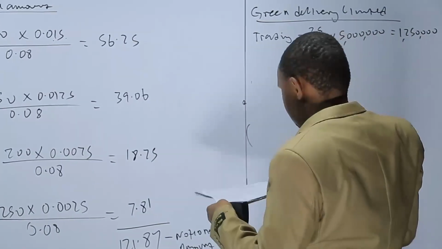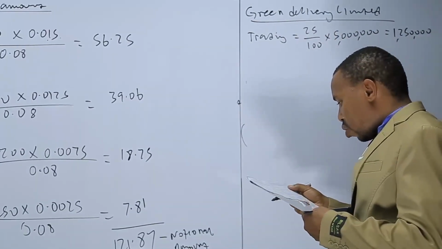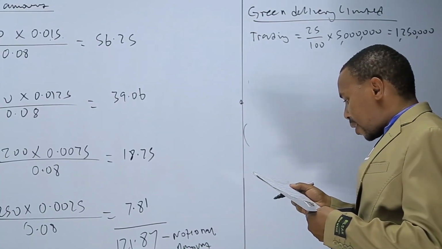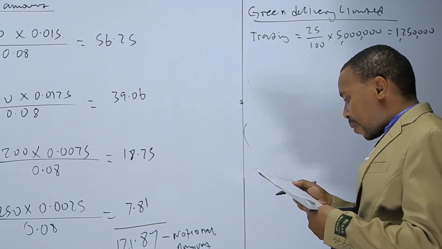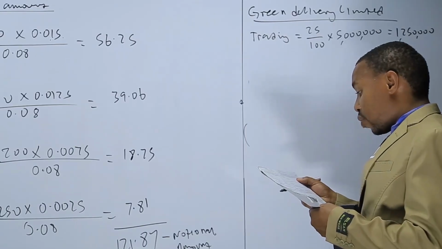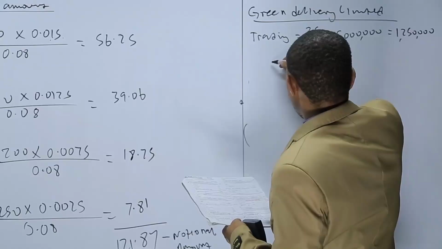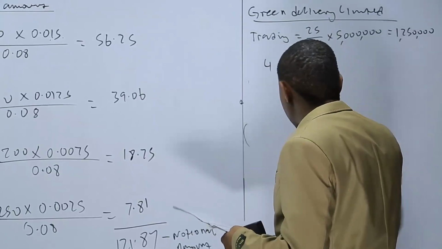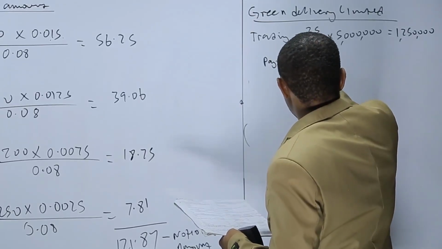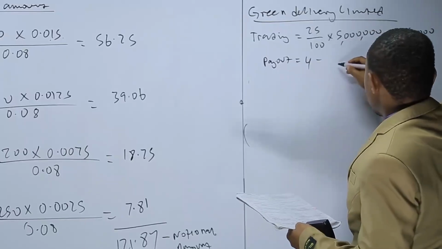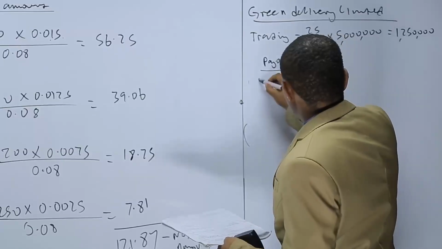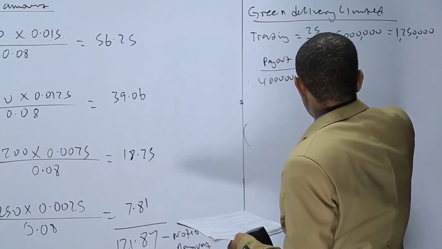Then, for us to get the payout, we need to compare with the protection on bond X. The protection is on bond Series X, as well as 4 million in credit default swaps. So with 4 million in credit default swaps, it means that you need to get 4 million. So the payout is equal to 4 million minus 1,250,000.